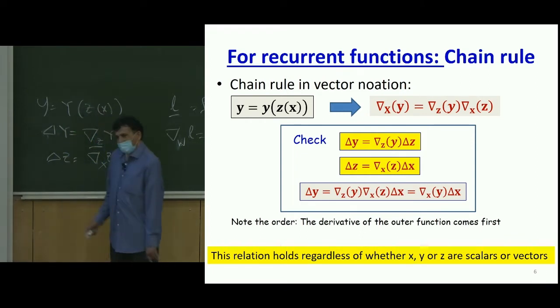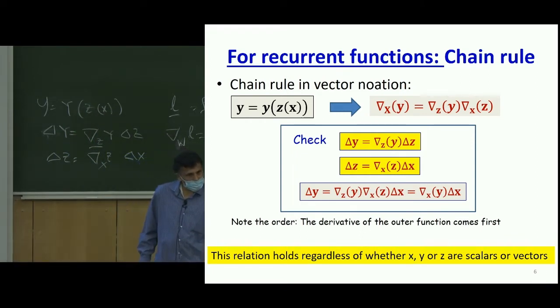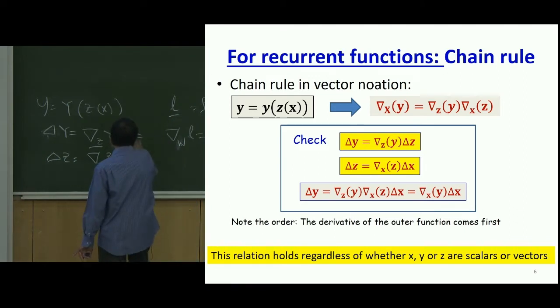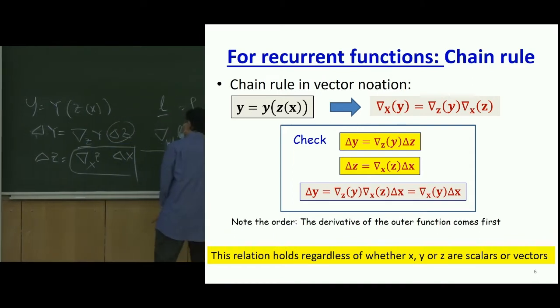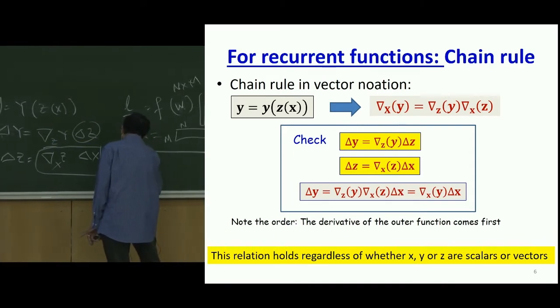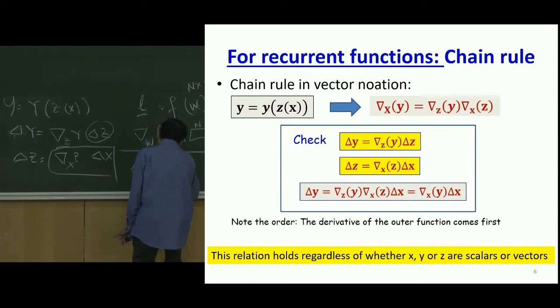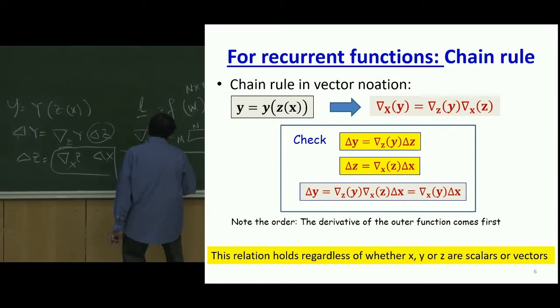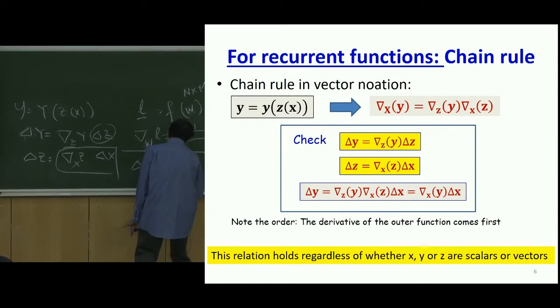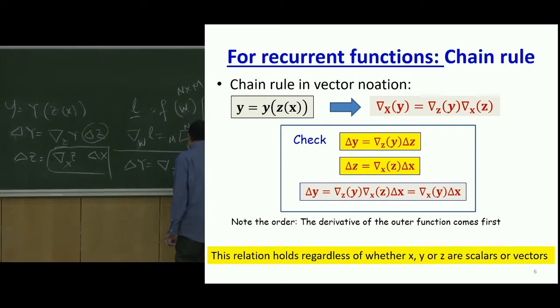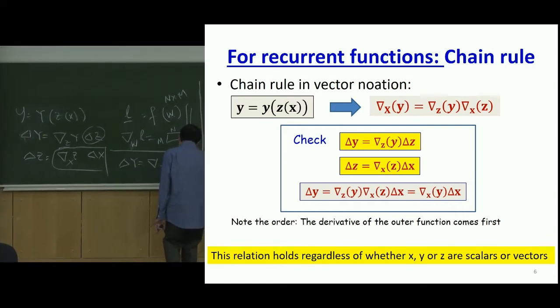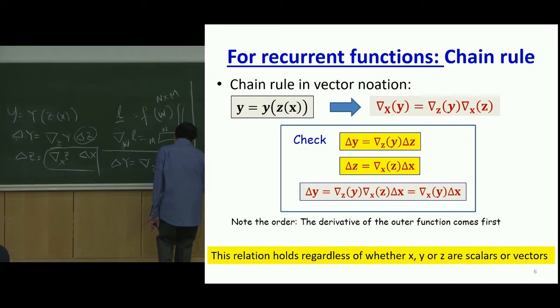So now if I combine these two, I can replace this term here by this term here, which will give me delta y equals the derivative of y with respect to z times the derivative of z with respect to x, times delta x, right?